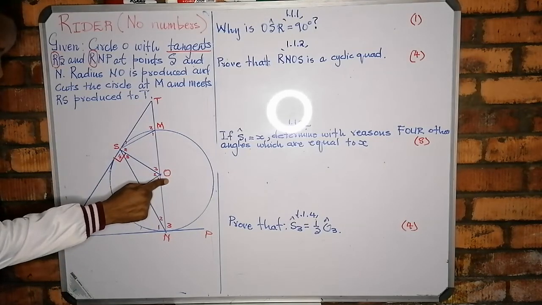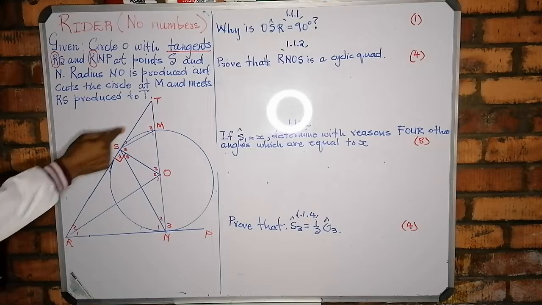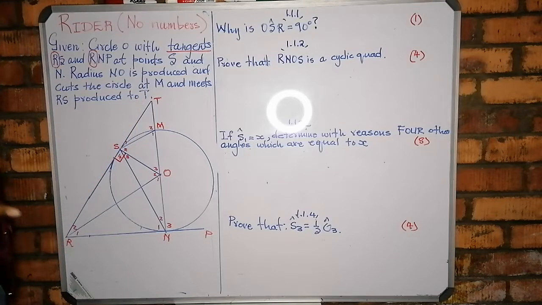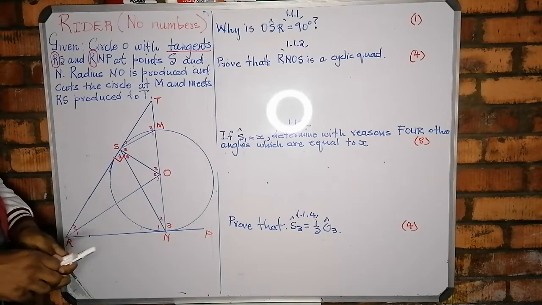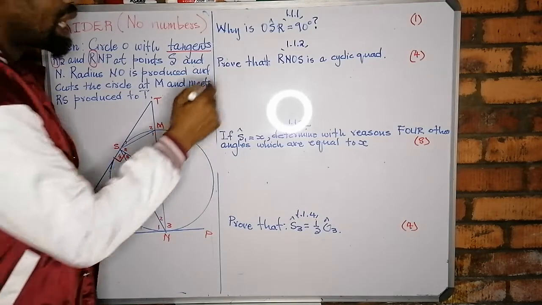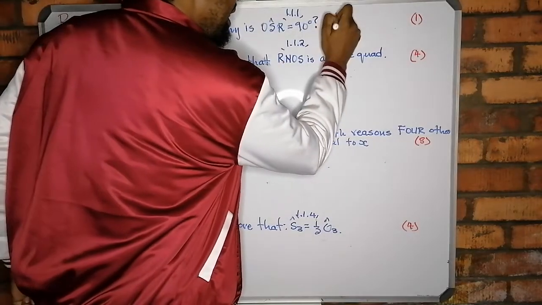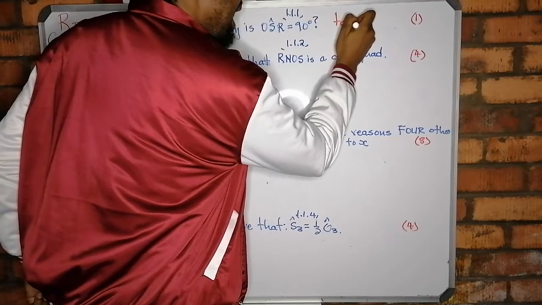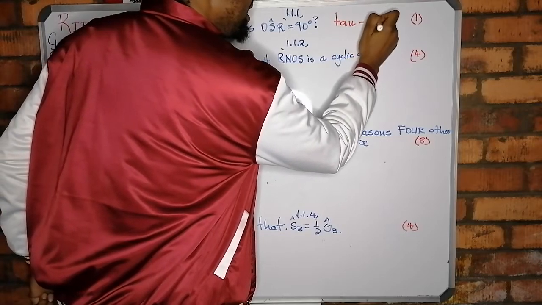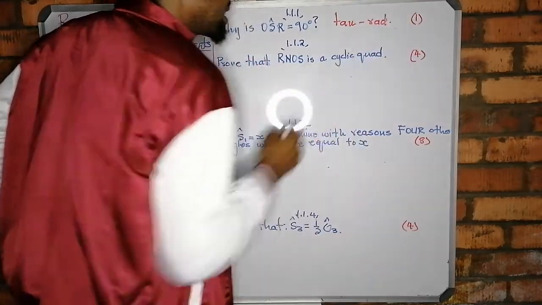Remember, that is the center. This is the radius. This is the tangent. What do we know about them? They are perpendicular at a point of contact. I'll just go there and say my reason is tangent and a radius.